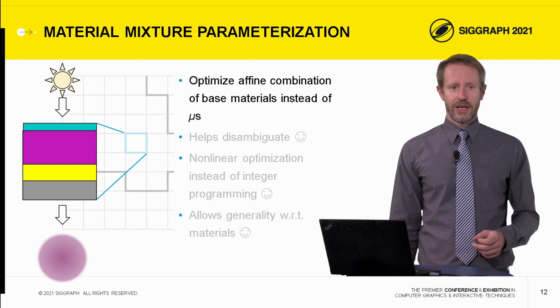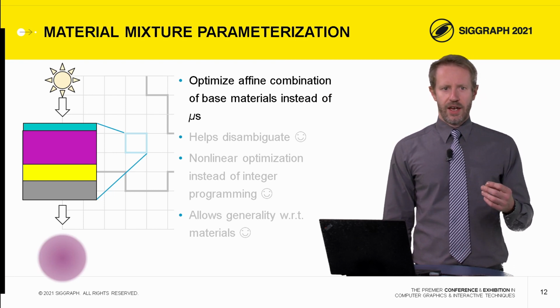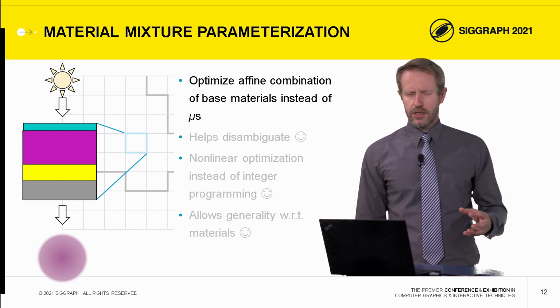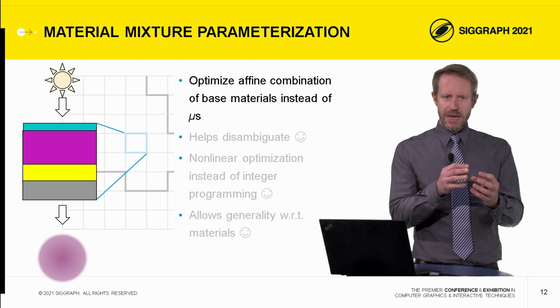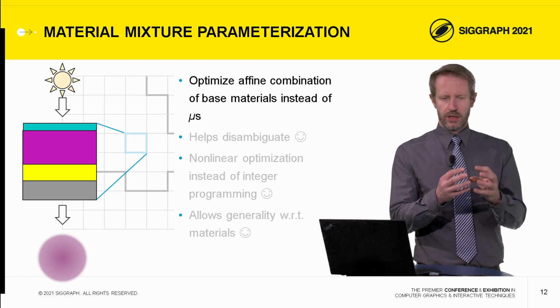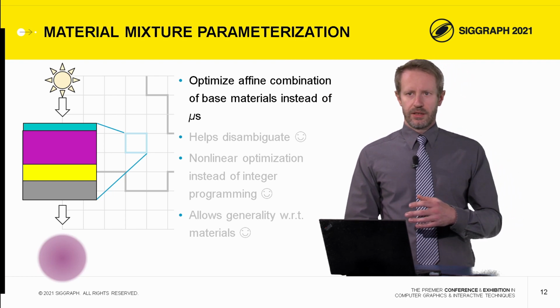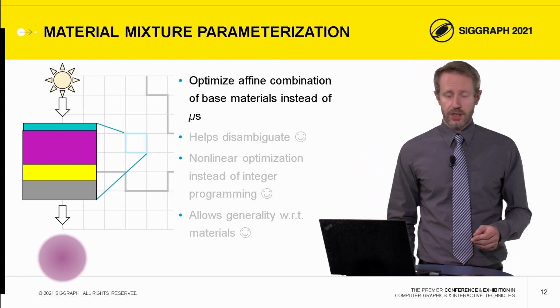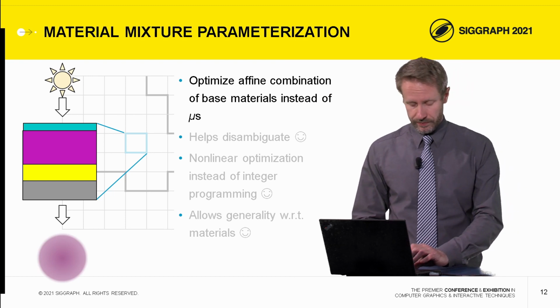So we parameterize each voxel of the volume as a continuous, affine combination of the base printing materials. So in essence, we pretend that even inside the voxels, the inks mix to a certain degree and with a certain proportion. This mixture can then be very easily mapped to scattering and absorption coefficients and the phase function, and this mapping is differentiable, so we can use it inside the optimization loop.